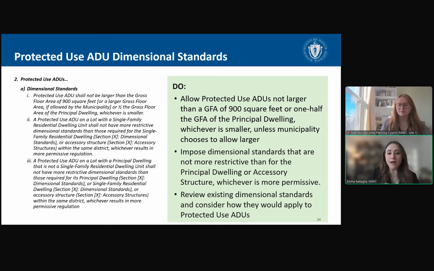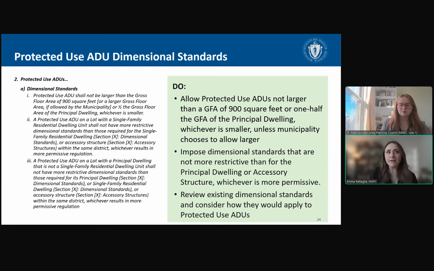You want to make sure that you are imposing dimensional standards that are not more restrictive than for the principal dwelling or for the accessory structure, whichever is more permissive. So an example of that would be if you're comparing an existing house and where you might want to put your ADU, and you're comparing what the requirements are for a single family residential home versus an accessory structure.